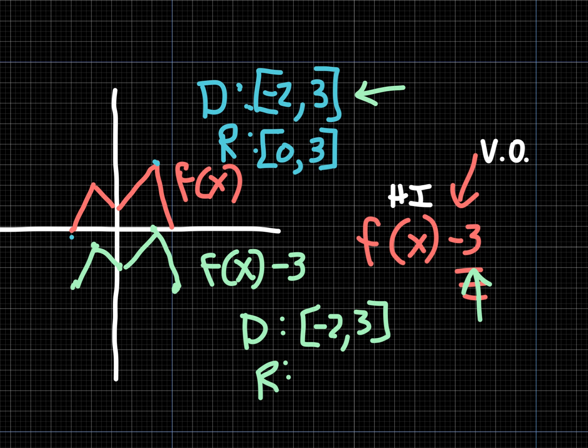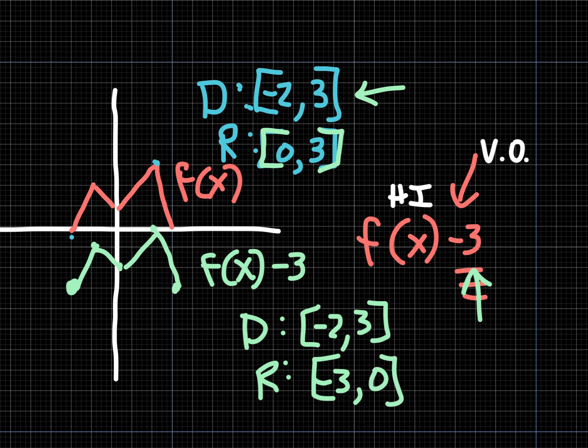And our range used to be from 0 to 3, but now the lowest that my function goes is -3. See, like this point right here, the lowest that goes is -3. It goes down 3. And the furthest that it goes upwards, the highest it goes is 0.